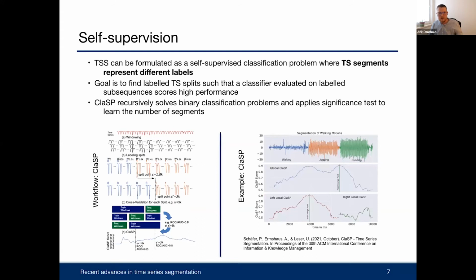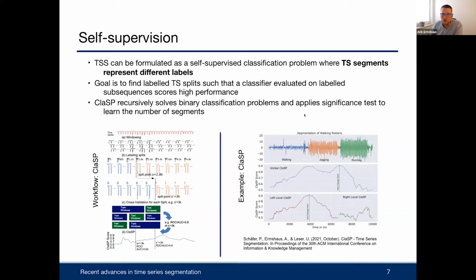Then the last algorithm I will talk about before I go on to benchmarks is the ClaSP algorithm. This is the one Patrick and I proposed last year. The main principle behind this algorithm is that time series segmentation can also be formalized as a self-supervised classification problem.